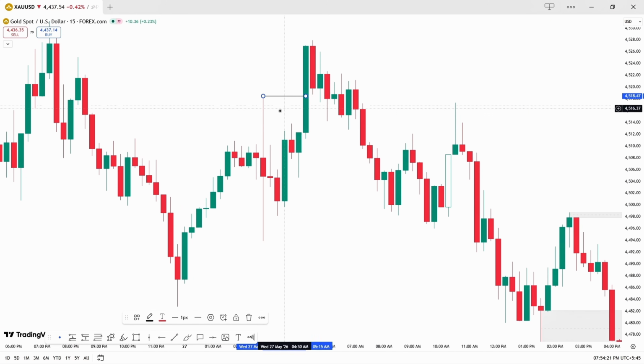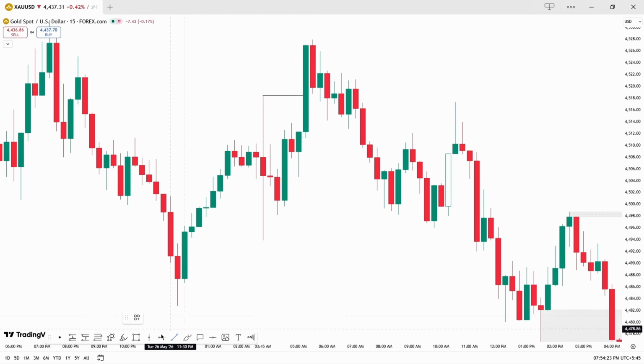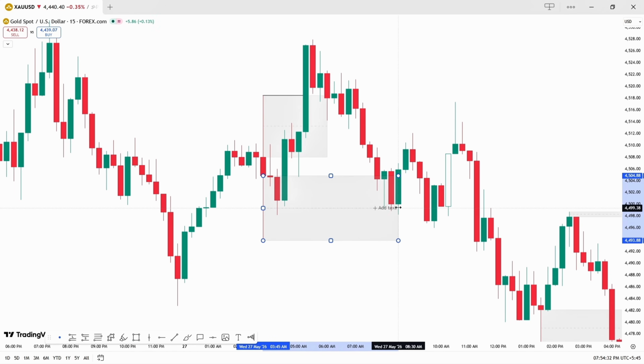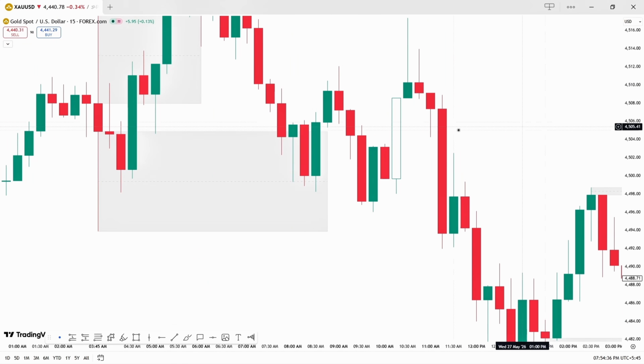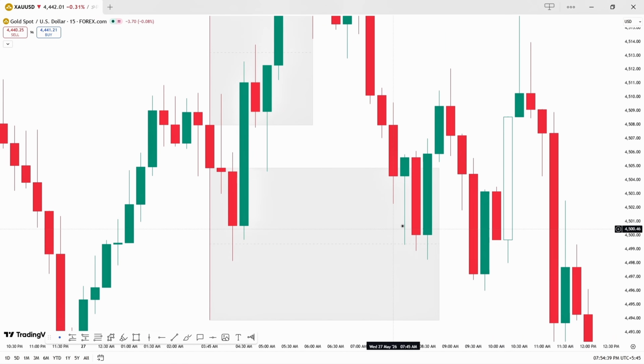Here, there is the breakup structure, and we can get the level like this. Let's mark the level like this. This is the example. Let's just mark this level, and you can see when the market comes to this level and it gives a rejection, but it's from the FVG here.